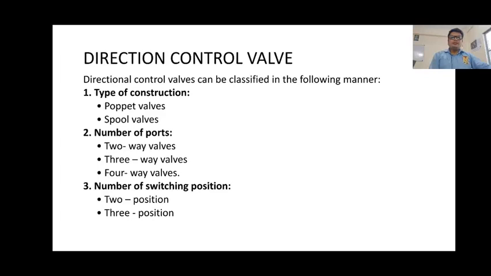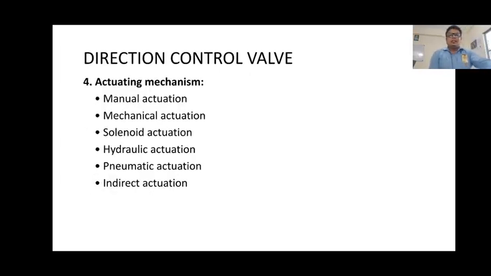The third classification is based on the number of switching positions. It has 2 types, that is 2 position and 3 position. And the fourth one is the classification based on the actuating mechanism. It has a total of 6 types, that is manual actuation, mechanical actuation, solenoid actuation, hydraulic actuation, pneumatic actuation, and indirect actuation. Now let us go through the various classifications of directional control valve.